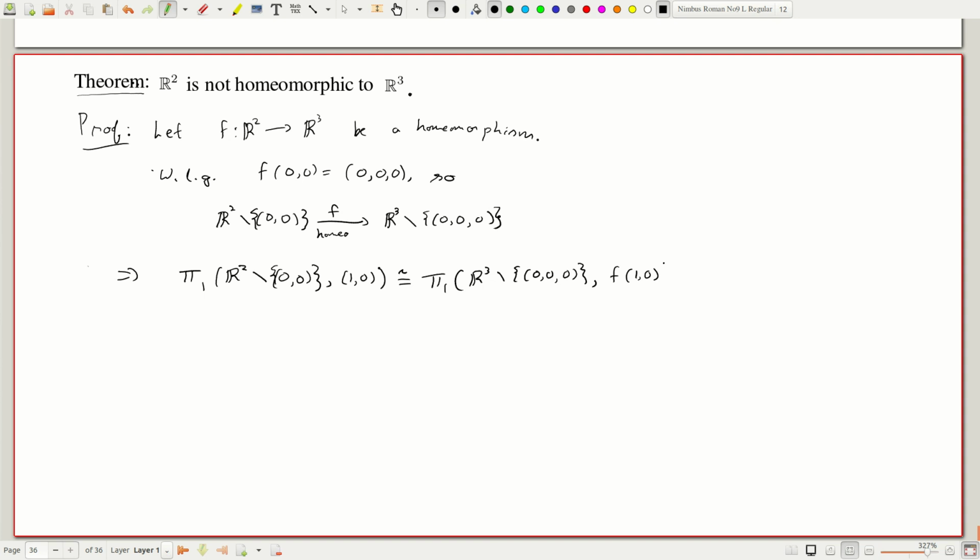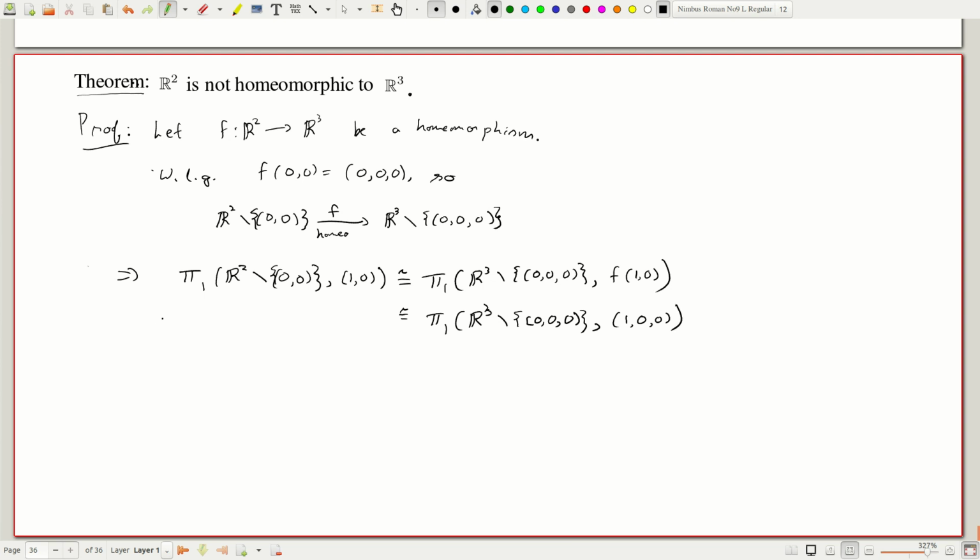But however, remember we proved independence of base points. This is isomorphic to pi 1 of R3 minus the origin, and because R3 minus the origin is path connected, we can as well take the point (1, 0, 0). Okay.